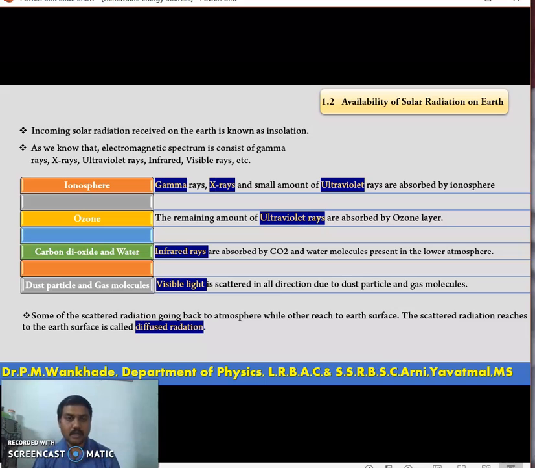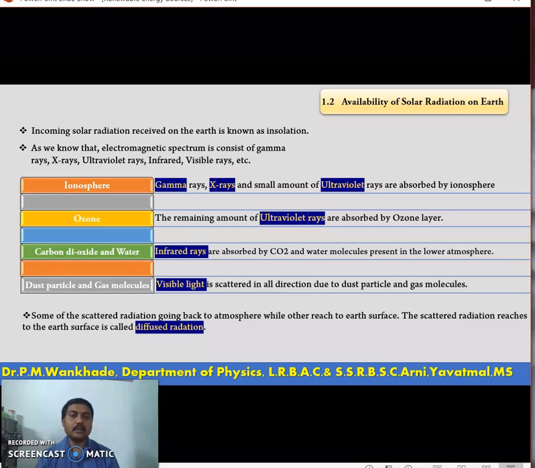As we know that sun is at a fixed position in the galaxy and earth is revolving around the sun in an elliptical orbit. The gases present in the atmosphere are transparent to solar radiations. The radiation is nothing but the electromagnetic rays.